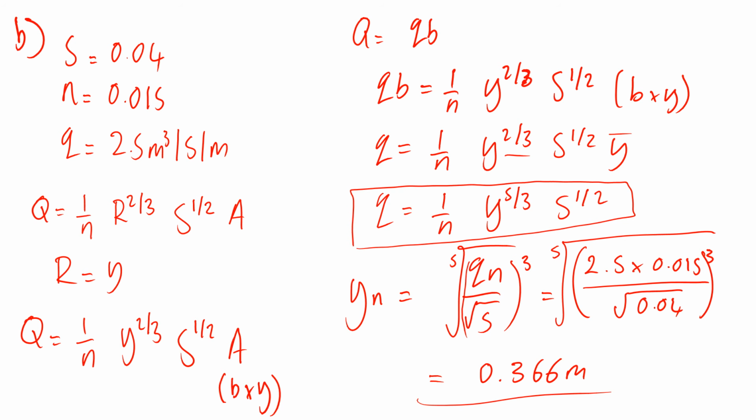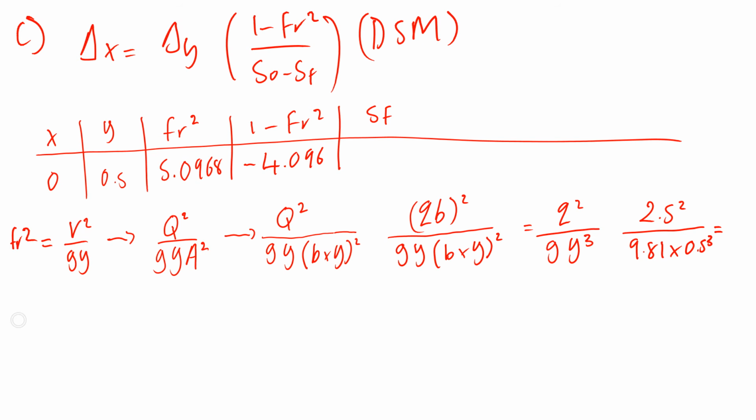If you rearrange that equation, Sf is equal to q squared n squared over y to the power 25/9.